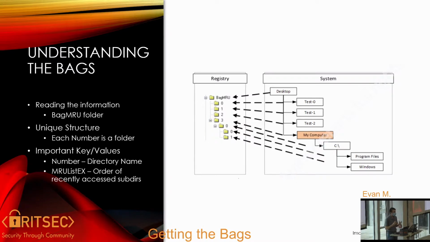Any child directory access will be returned to you in the form of this value. So you'll see 00, 03, 19. That means the folder 00 was the most recently accessed folder, and then it just carries on down this line.